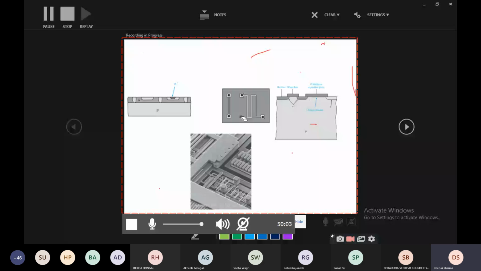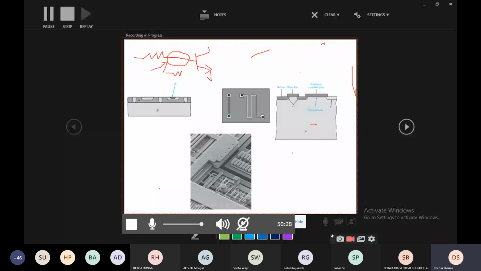And one more thing. Whenever I connect the resistor with, say, a transistor, this part of the wire or this part of the interconnect will also have some resistance. Yes or no? Are you following? Yes, sir.